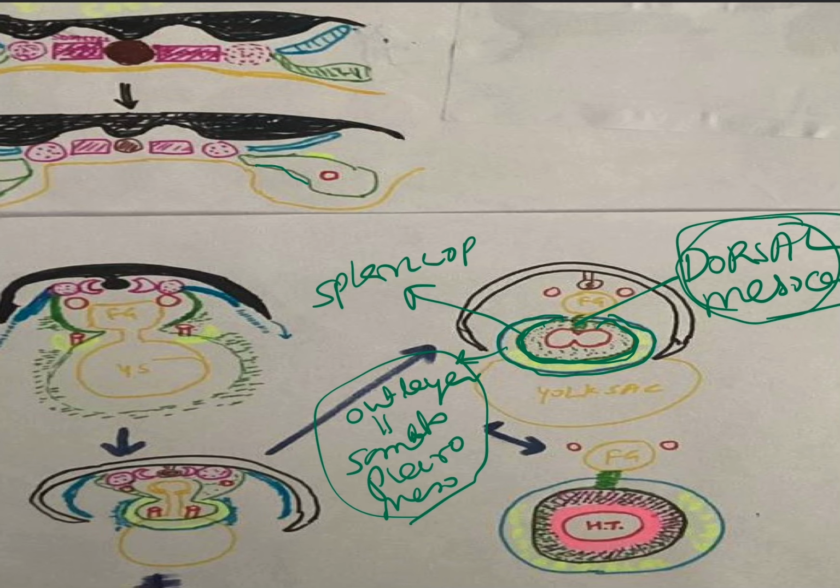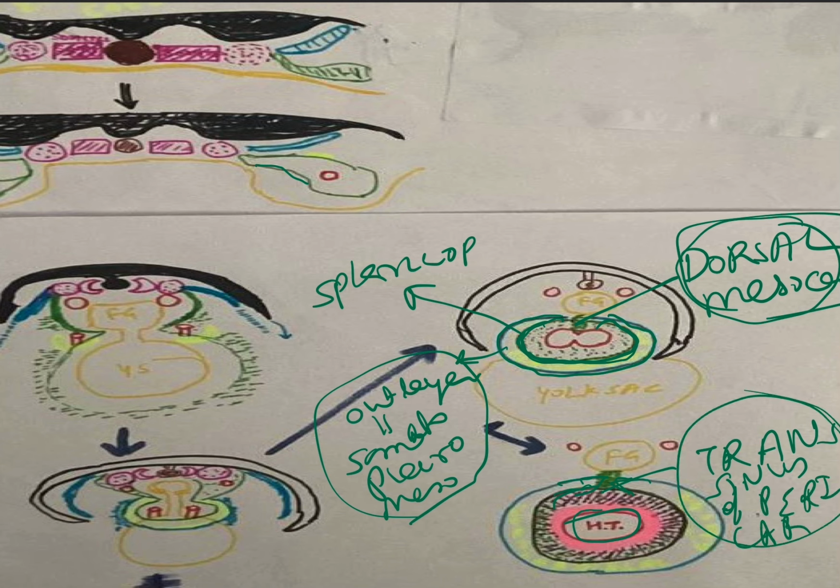Because of this degeneration, the pericardial cavity starts surrounding the heart tube almost completely. But a gap remains. This gap is now known as the transverse sinus of the pericardium, or transverse pericardial sinus. I will explain it later.